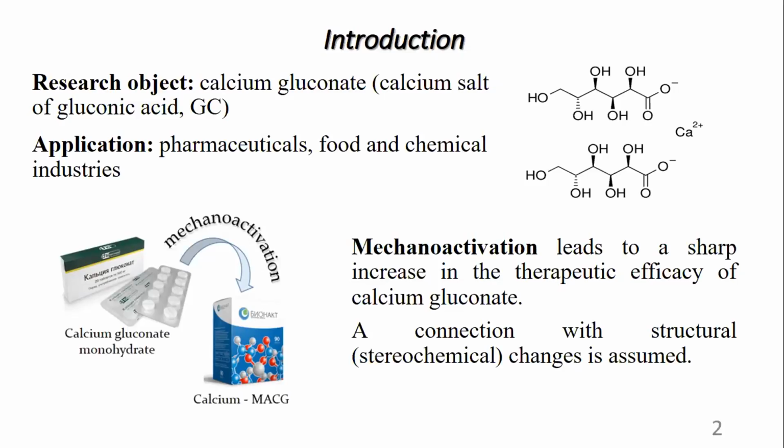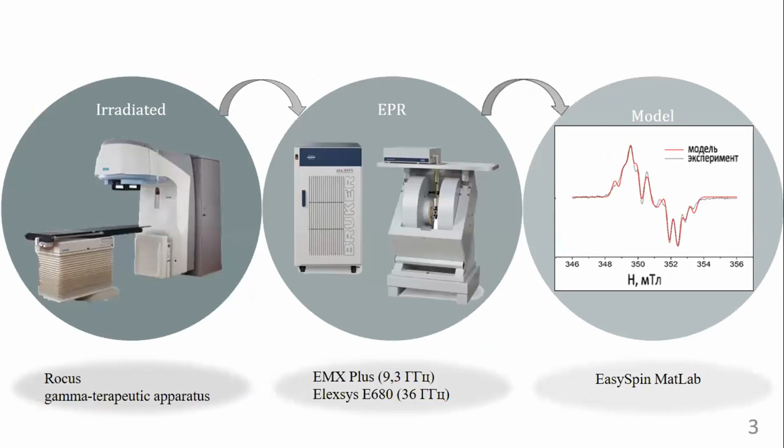Thicker crystals providing good data quality on a laboratory diffractometer were obtained by Bugres et al. However, mechanical activation is often accompanied by amorphization, which makes it impossible to use diffraction methods. In this regard, it becomes necessary to use alternative research methods.